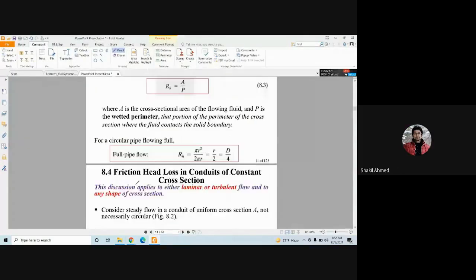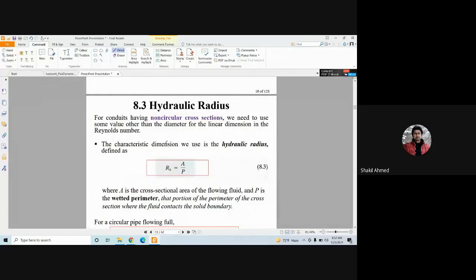In those cases, we can get a hypothetical radius called the hydraulic radius, which is defined as the cross-sectional area divided by the wetted perimeter. A is the cross-sectional area of the flowing fluid, and P is the wetted perimeter.